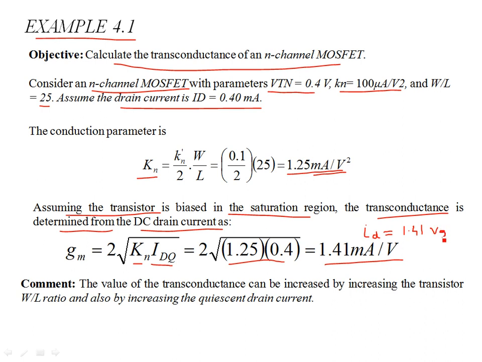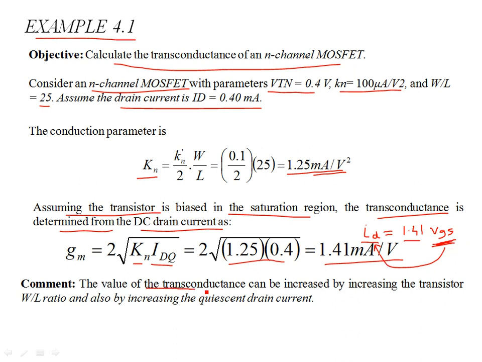You can see that this is indeed a linear amplifier because the transistor is biased in the saturation region. The input is my VGS, the output is my drain current, and they are linearly related with a constant GM of 1.41. So the input AC gate-source voltage transforms into a linear AC drain current. It's like a current source: the input is voltage, the output is current.